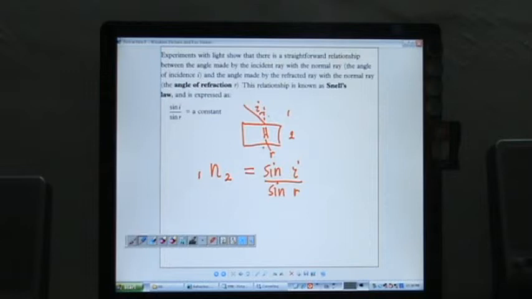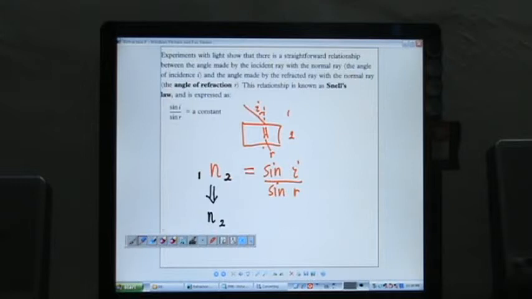In this case, sine I over sine R is going from 1 to 2. But this notation, 1 and 2, is actually the refractive index of material 2.